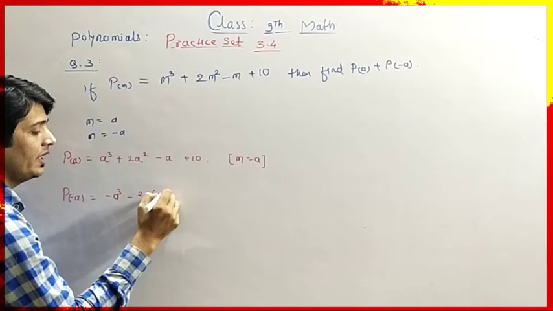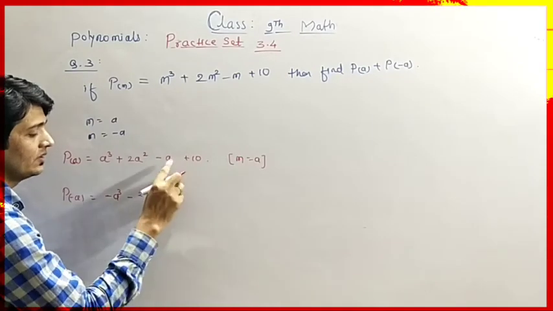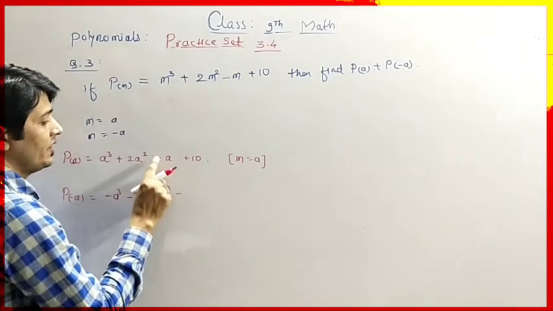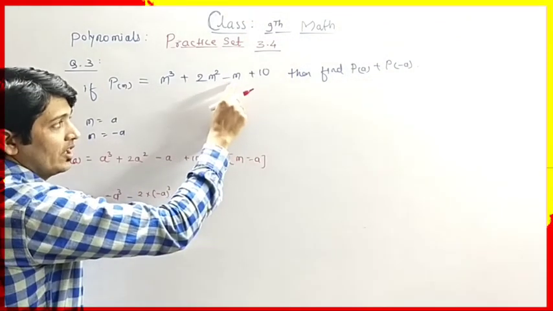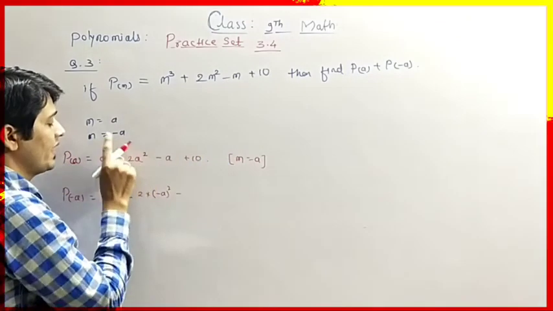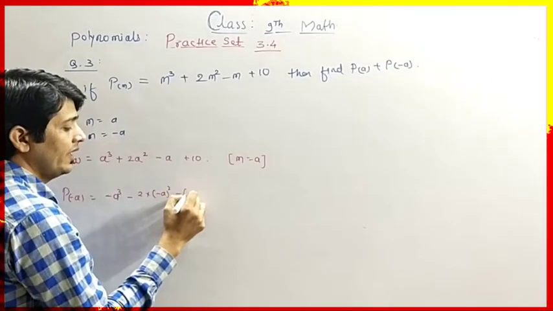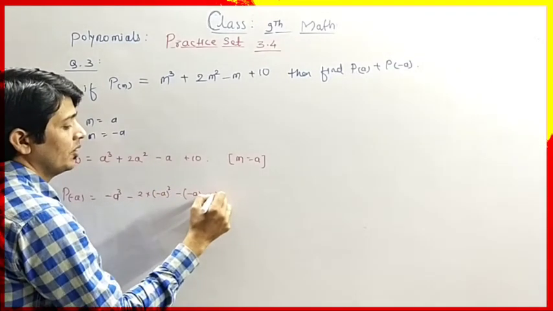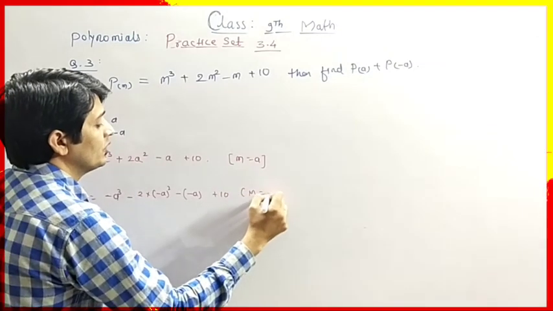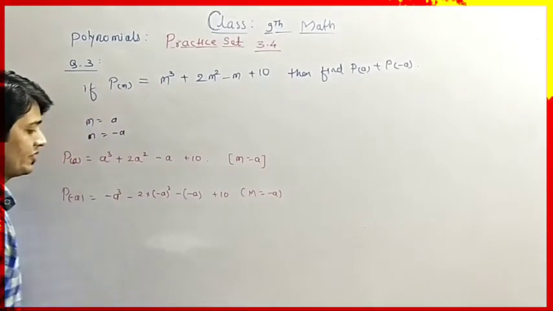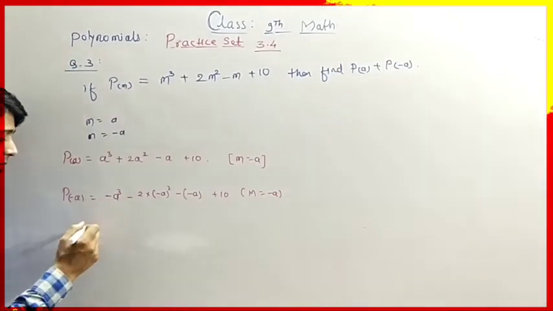So minus a square, minus, see here we have minus and in place of m we are taking minus a. So in bracket we have to write minus a, plus 10. When m equals minus a we have placed it. Okay. Now we have to solve this one.